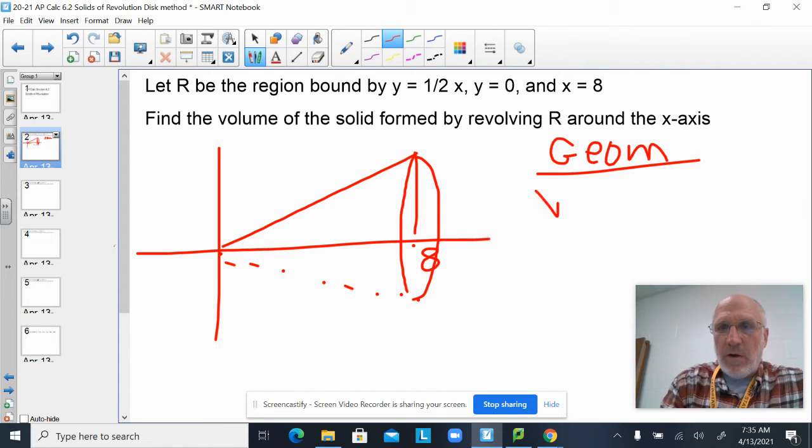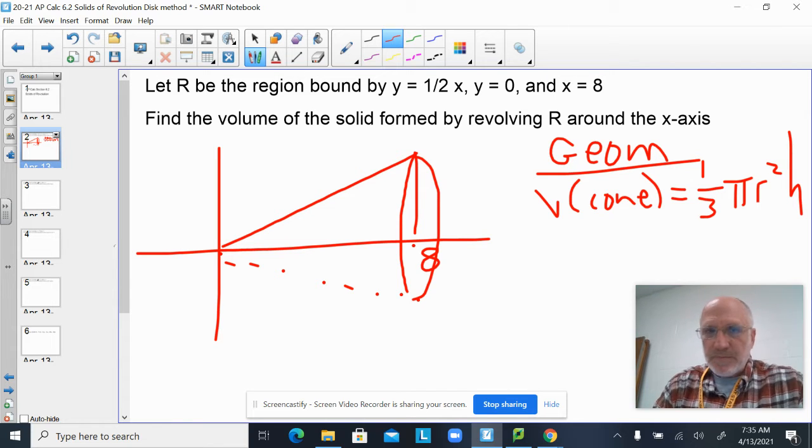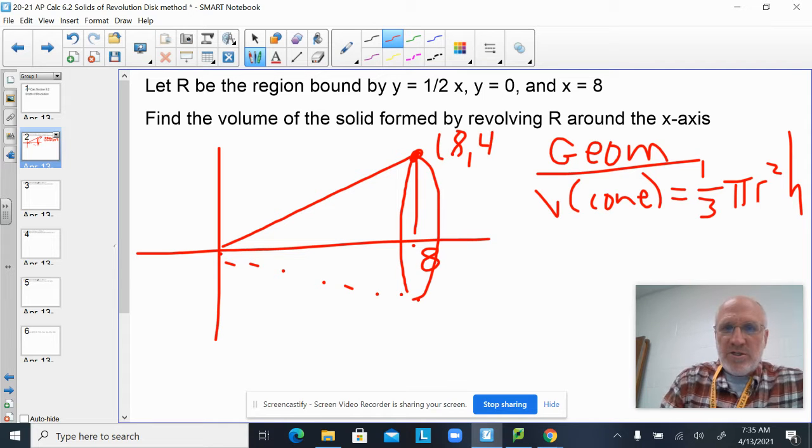But the volume of a cone, you may or may not remember, is 1/3 pi r squared h. So that right there is the point 8, 4. So in this, using geometry, at least for the moment, the volume of this would be 1/3 times pi times r.